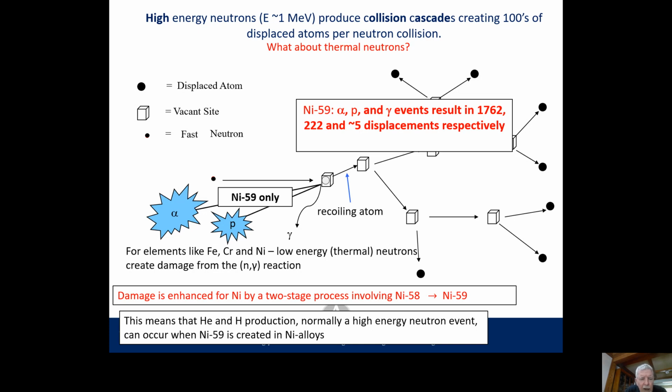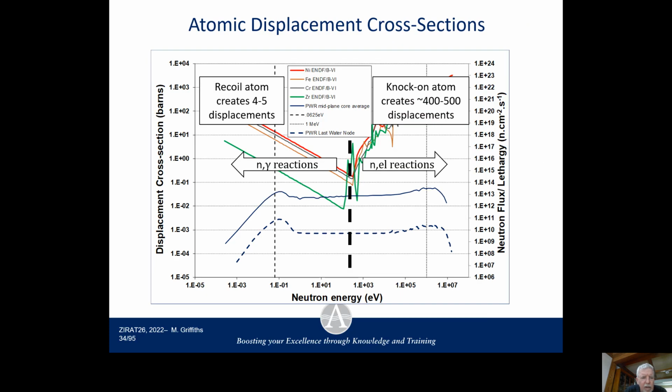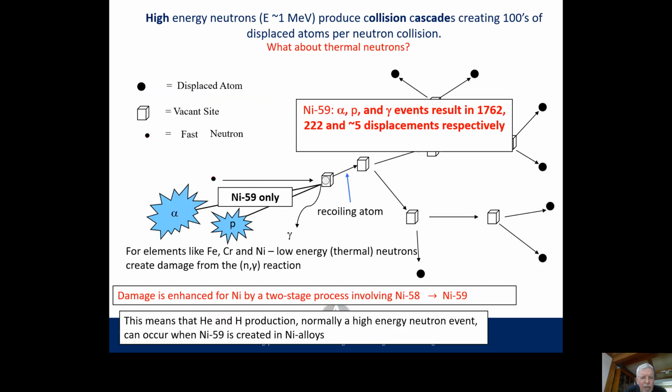So when you have nickel there and you're in a high thermal neutron environment and you have enough time to build up nickel 59, then you can increase the damage rates substantially. Not only that, this alpha particle is a helium nucleus. So you get helium embrittlement and a vastly elevated displacement damage.